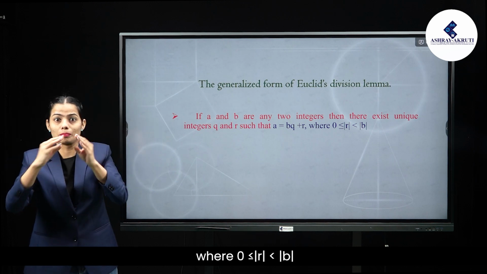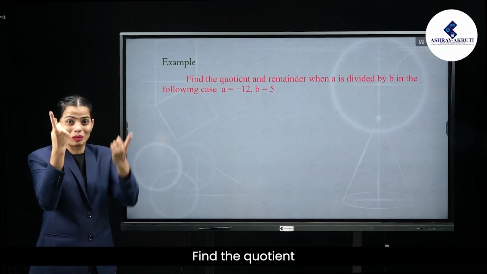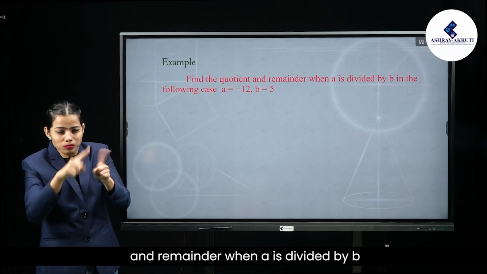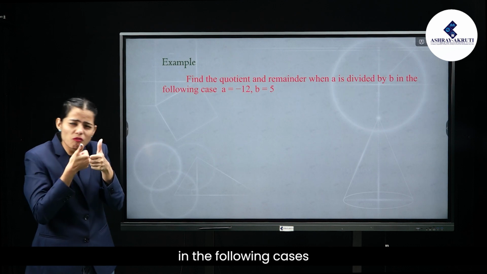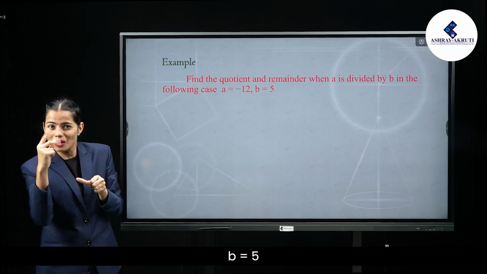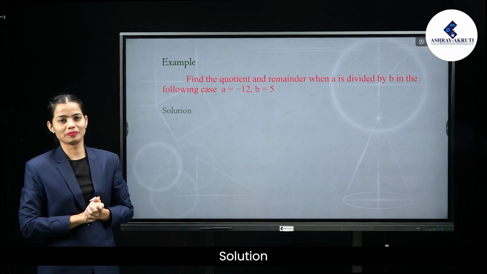Let us see one example. Find the quotient and remainder when A is divided by B in the following cases. A is equal to minus 12, B is equal to 5. Solution.